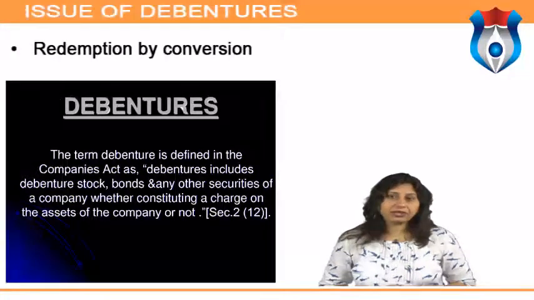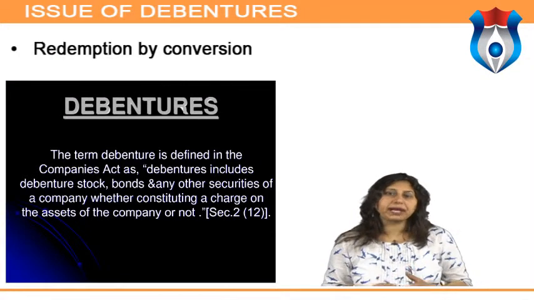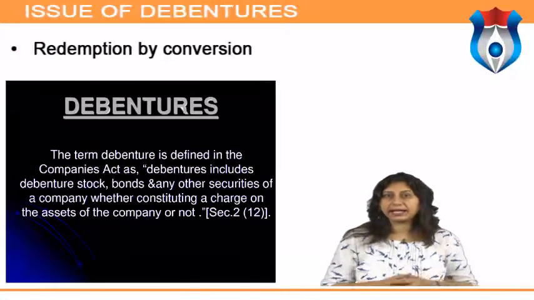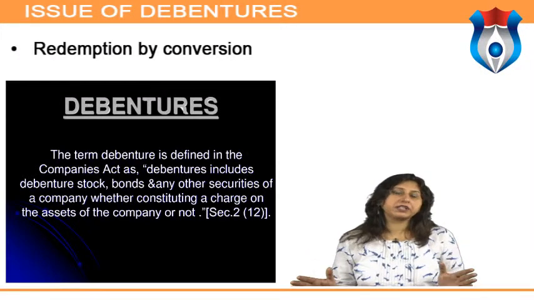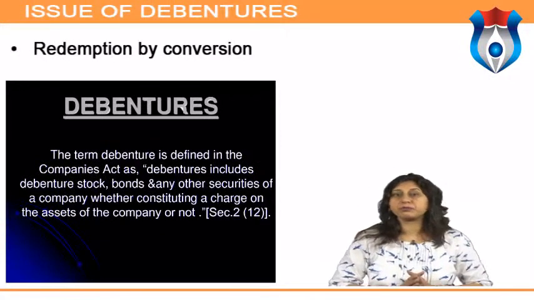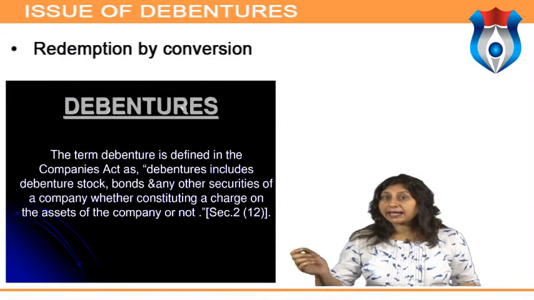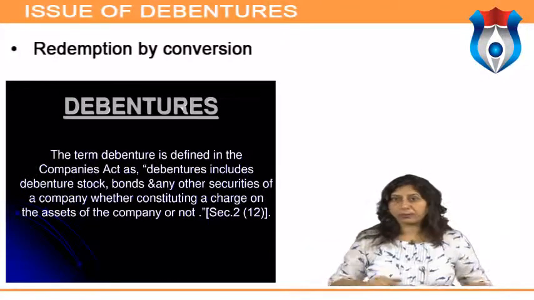Whenever debentures are redeemed by conversion, the debenture holders have to apply for the same, and SEBI guidelines require that no company shall issue fully convertible debentures (FCDs) having a conversion period of more than 36 months unless conversion is made optional with put and call option.